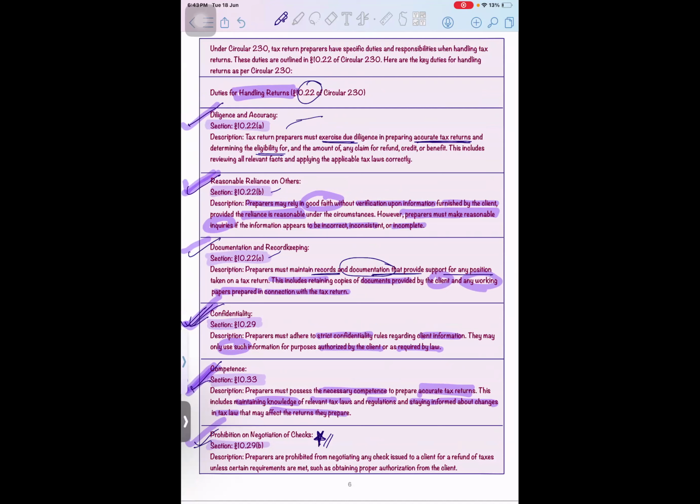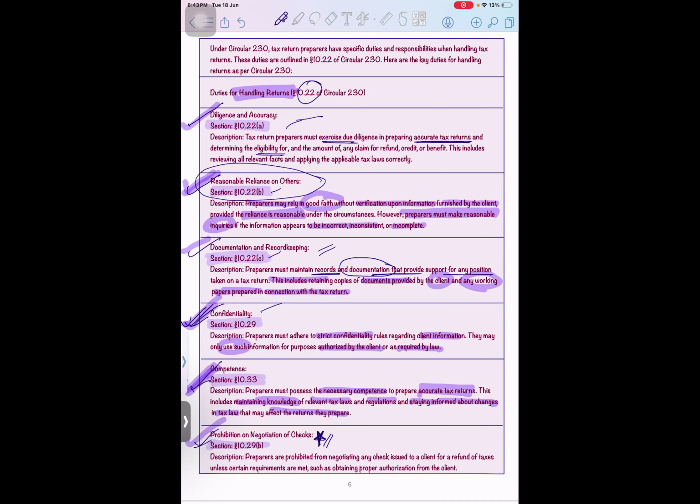Let's say you break diligence and accuracy, you break reliance, you forgot to look at the documents very well, you forgot to keep the records for 3 years, you break confidentiality, or you are not competent enough and you made some mistake. Then the preparer might be sued or penalized.